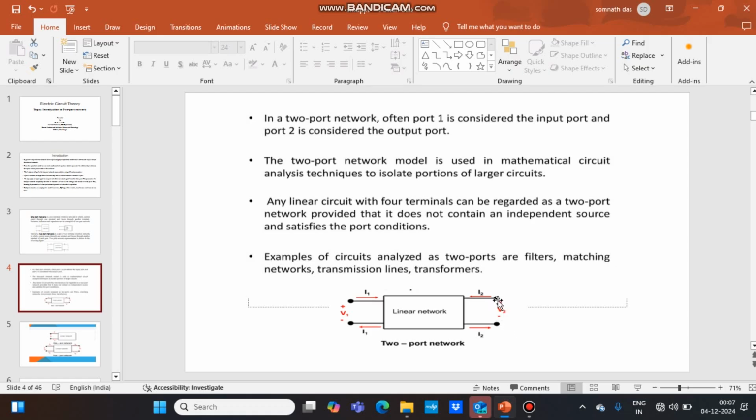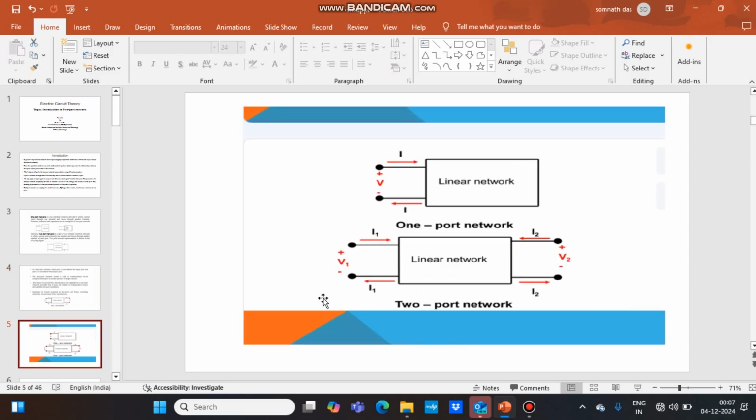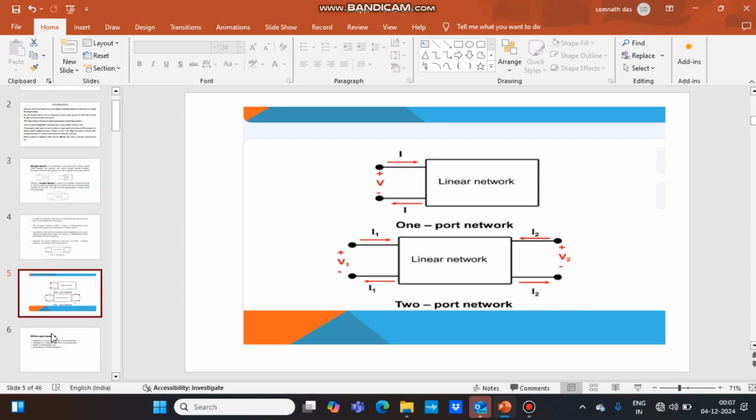Normally a load is connected across terminal 2, or any other electrical network is connected in cascaded form. So here V1, I1, V2, I2 are the four variables which we are getting from the two-port network. This figure shows the two types of network, one-port network and two-port network. For the one-port network, we are getting only one voltage and current, and for the two-port network, there are four variables.